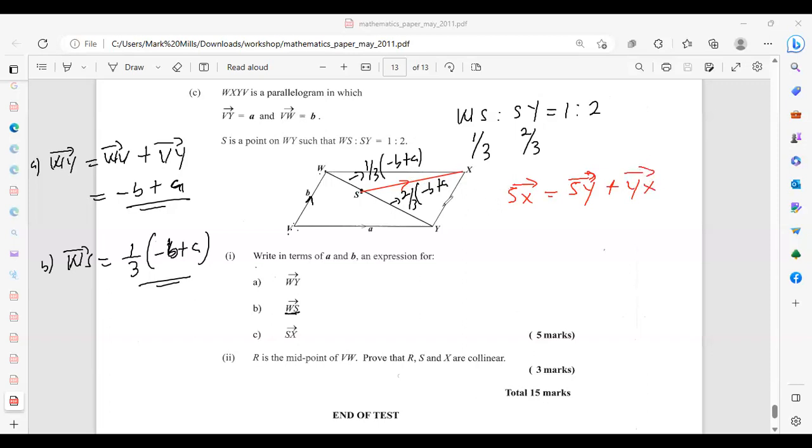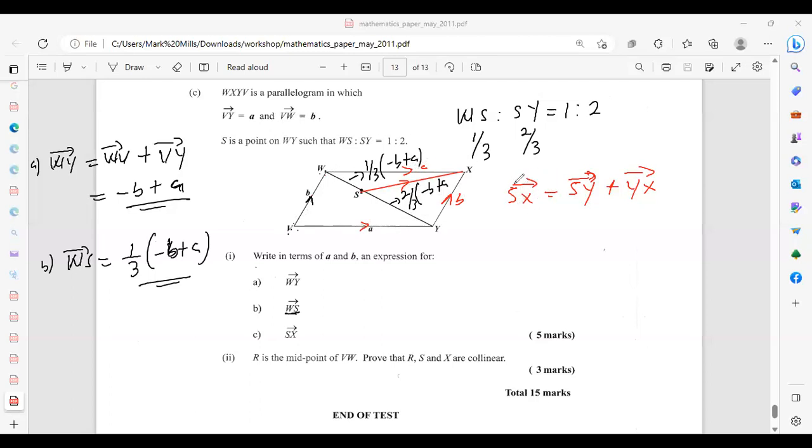Now, before I do anything, remember that from Y to V is B. That means when you're going up here, it should be B. From this side to this side is A. So when you're going this direction, it's also going to be A. Follow? Yes, sir.